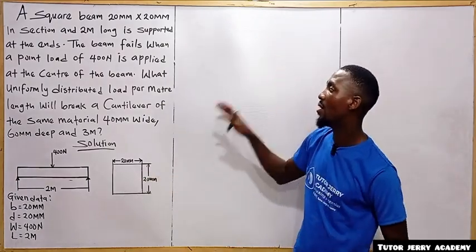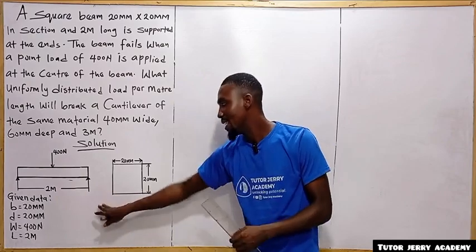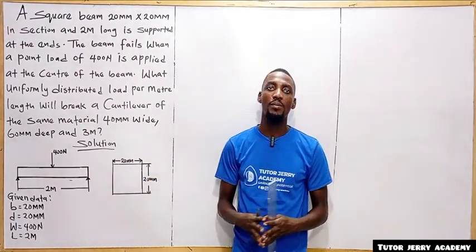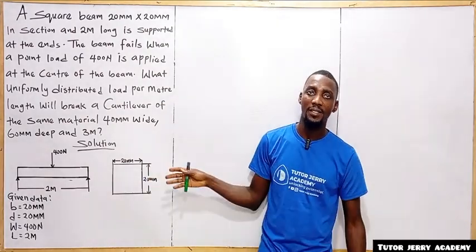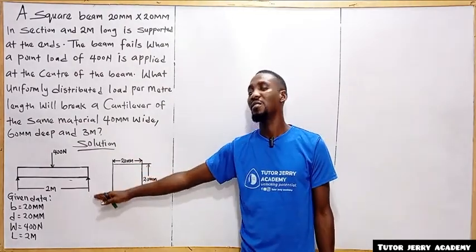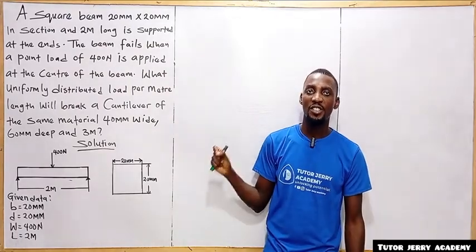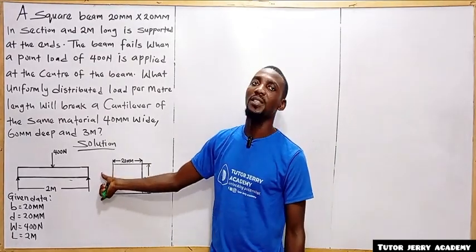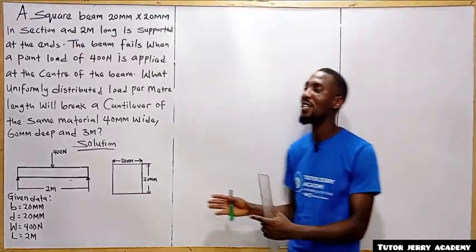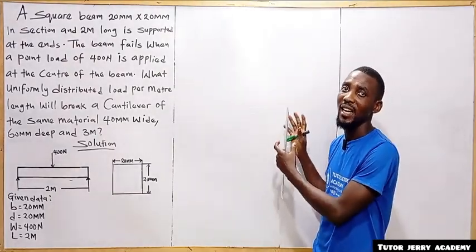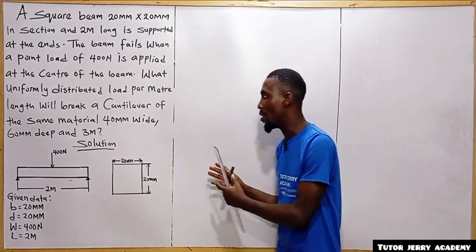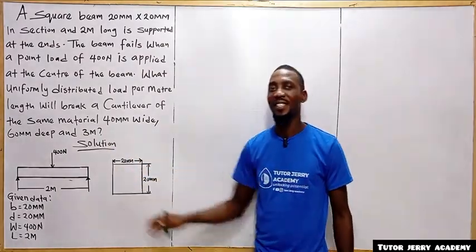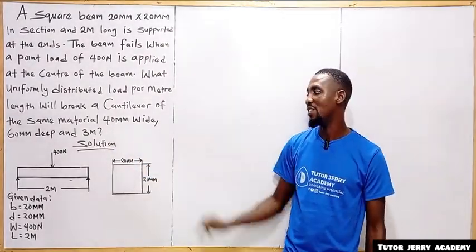But before we go into that, we need to use this information to calculate the maximum stress, because the maximum stress for this simply supported beam will be the same as for the cantilever beam. Why? Because they are made of the same material. So we need to find the maximum stress with this information.